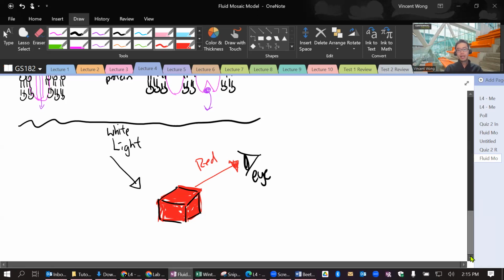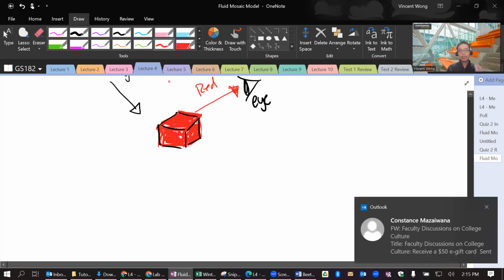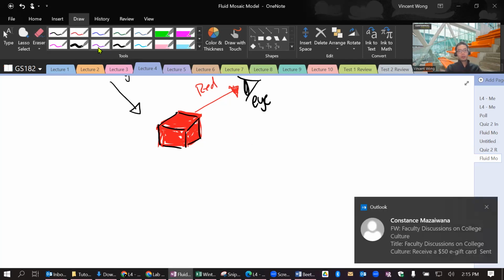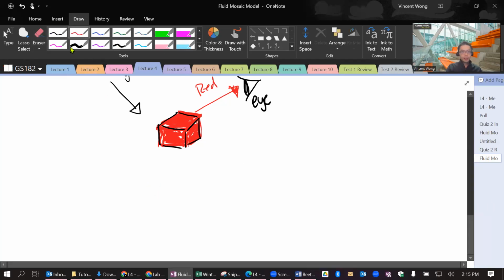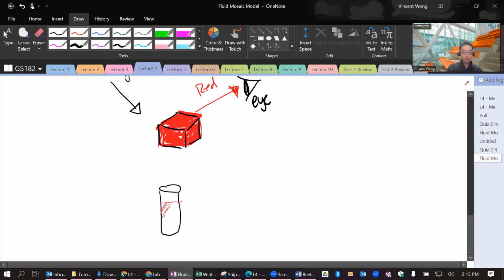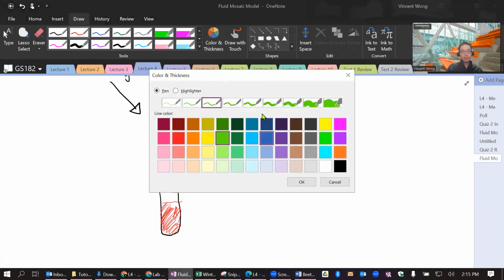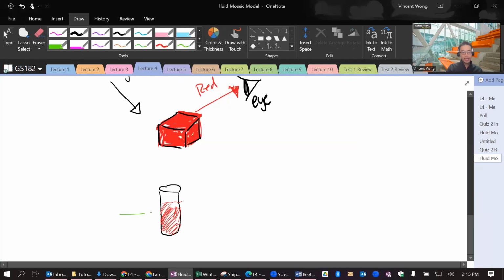So in our beetroot experiment, instead of just looking at the color and comparing how dark the red is, you can use the colorimeter to check it. This is the solution in a test tube, and it's going to be a little bit red because of the beetroot juice. And what the colorimeter does is it actually shines green light.